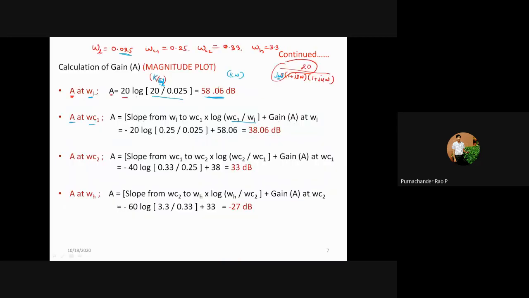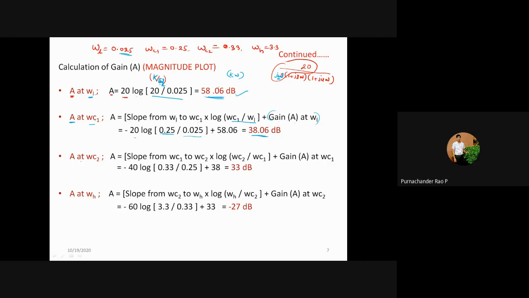Okay, so the slope is -20. Then log of omega C1, which is 0.25. Log of 0.25 divided by 0.025 plus the gain at this value, 58.06. So you get the value of 38.06.